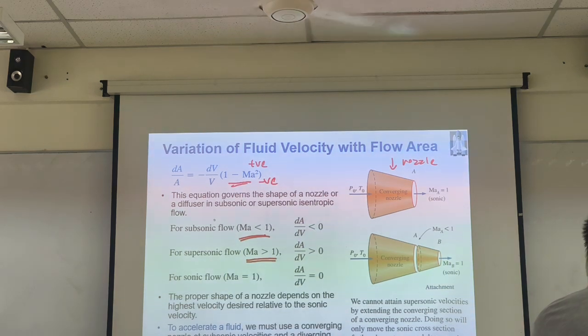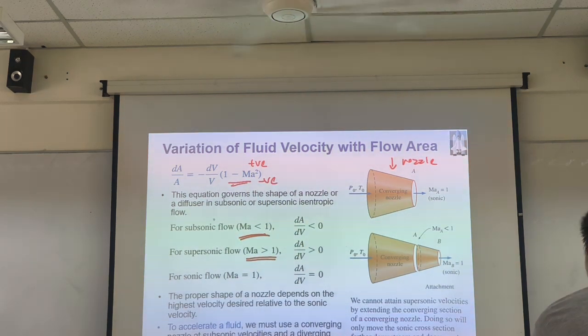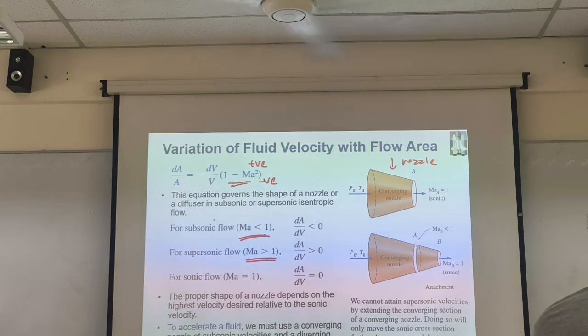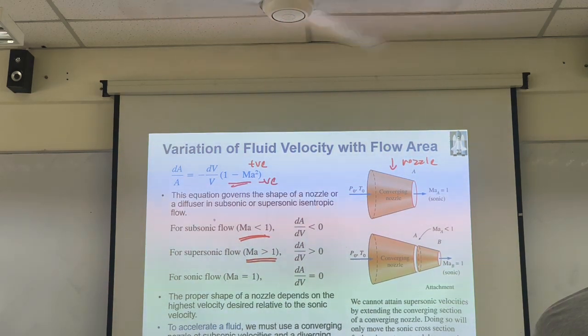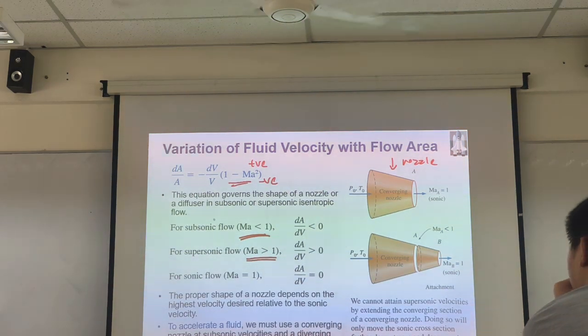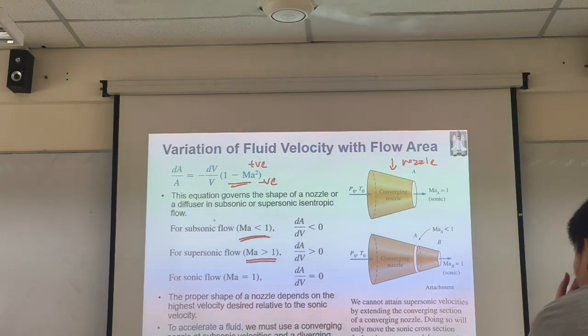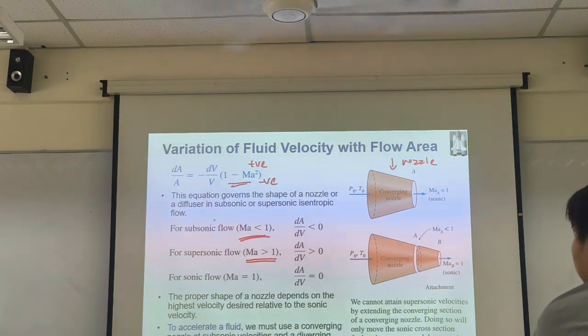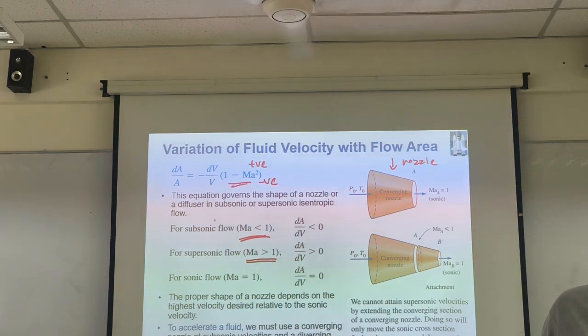So you cannot attain supersonic velocity by extending the converging section of a converging nozzle. Doing so will only move the sonic cross section further downstream and increase the mass flow rate. If you keep extending the converging nozzle, you are just moving the choke area.